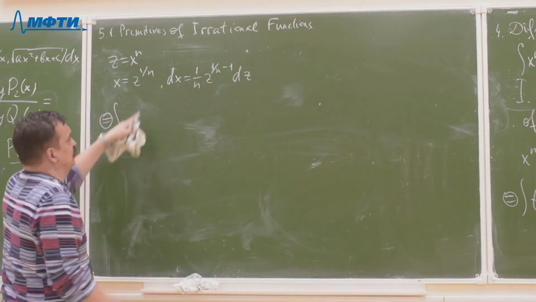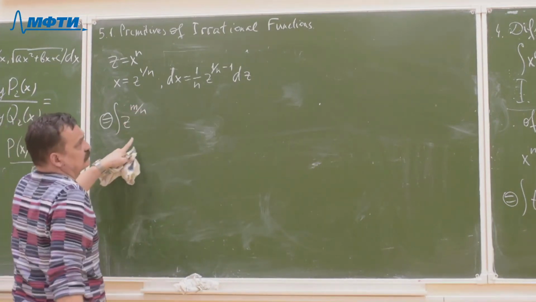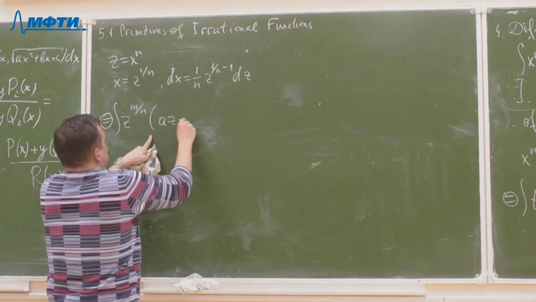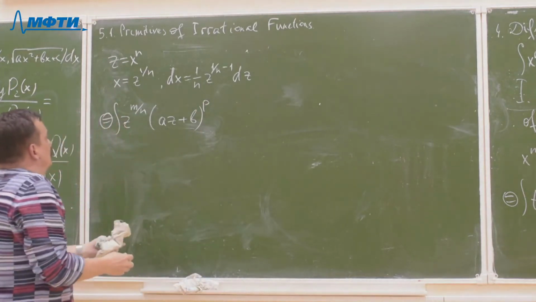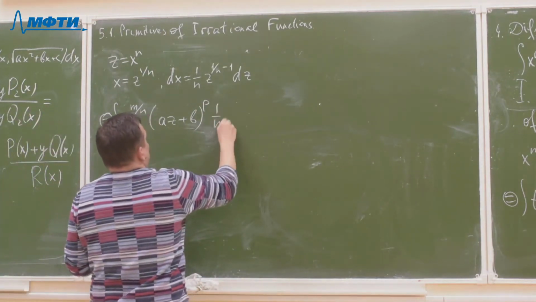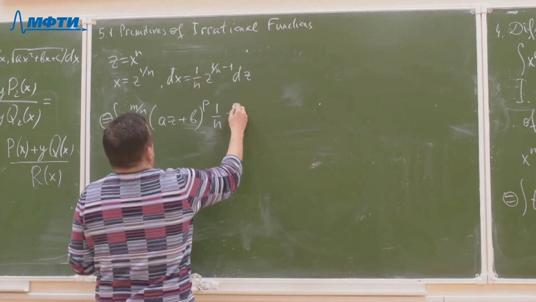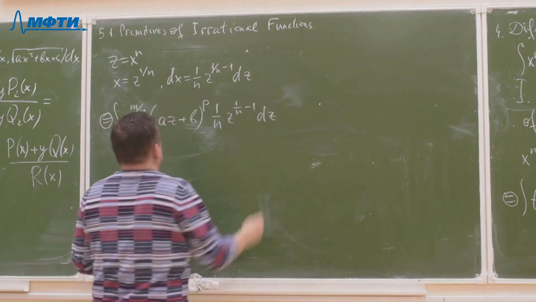So it gives z to the power m over n times (az plus b) to the power p times 1 over n z to the power 1 over n minus 1 dz.